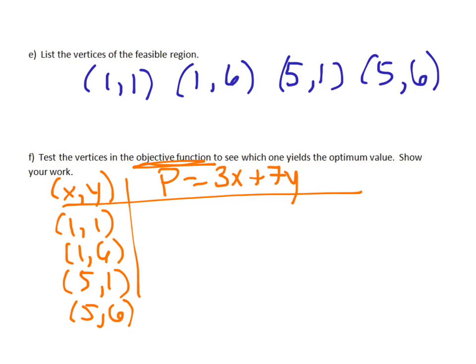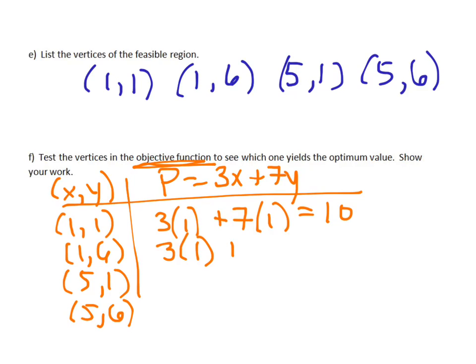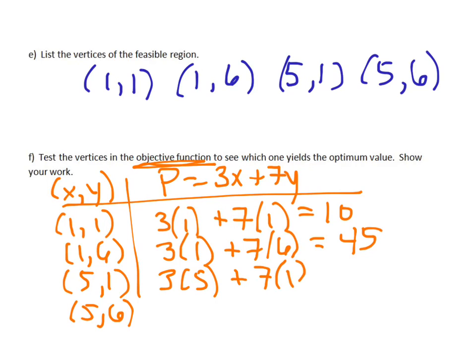The profit for 1, 1 would be 3 times 1 plus 7 times 1, or 10. 1, 6 gives me 3 plus 42, or 45. 5, 1 gives me 15 plus 7, or 22.